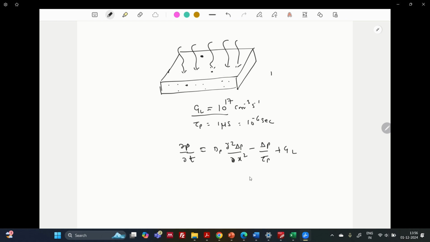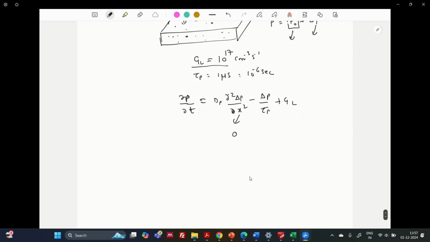We know the total concentration of holes is P naught plus delta P. P naught, the equilibrium hole concentration, is already uniform because the wafer is held at a uniform temperature. Plus this delta P is also the same everywhere. It means P is equal at all points. If P is equal at all points, the gradient of this delta P with respect to x is going to go to 0.